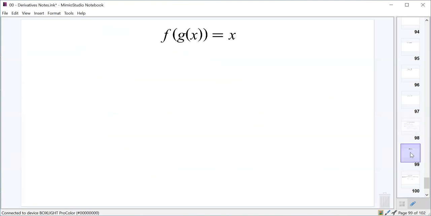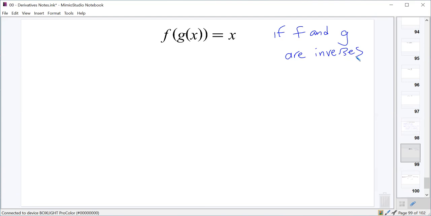So we're going to start with f of g of x is equal to x, and we'll make a note off to the side that this is true if f and g are inverses. If f and g are inverses, f of g of x must equal x.